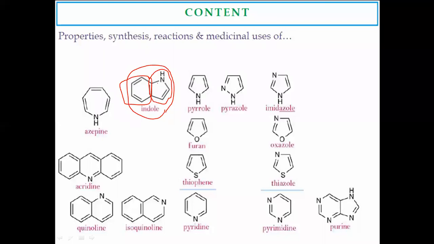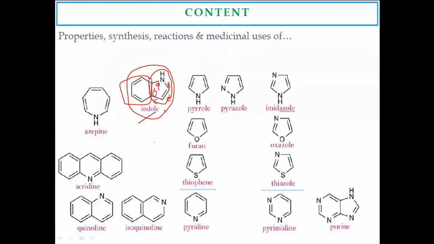At which side? This side is A, this is B, this C and D and F. So pyrrole's B face is bound with the benzene ring. Benzo[b]pyrrole is another name for indole.